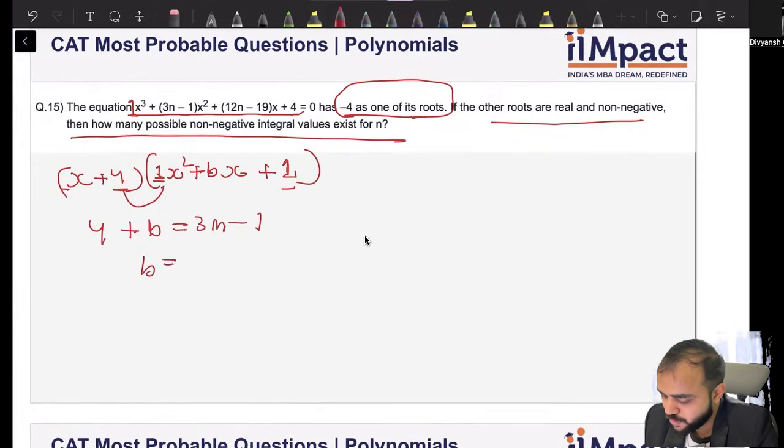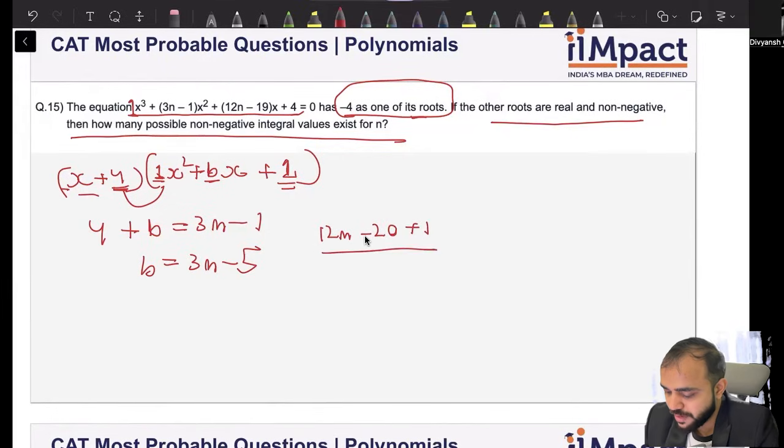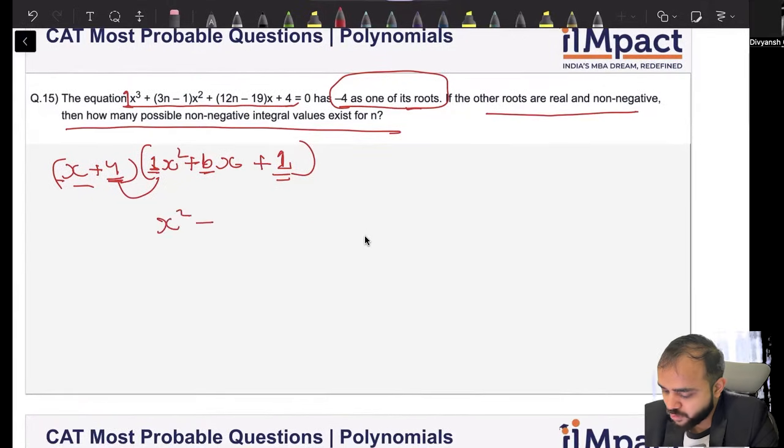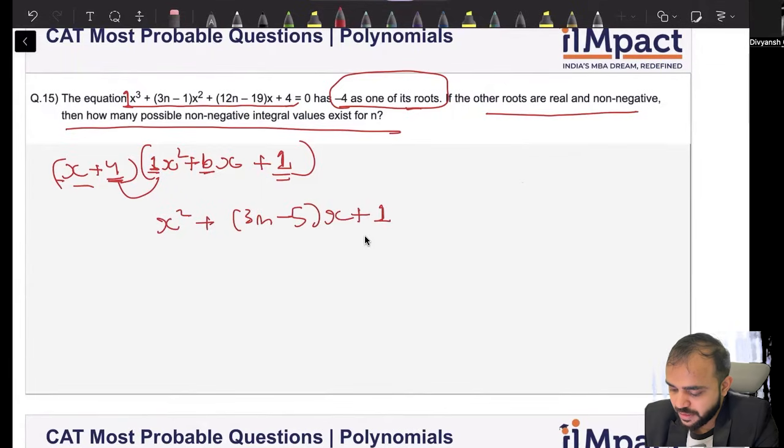So b will turn out to be 3n minus 5. Let me just check if it satisfies for x as well. So the x coefficient will be 4b plus 1, x into 1. So 4b will be 12n minus 20 plus 1. So 12n minus 19. So yes, the value of b as 3n minus 5 will satisfy. So the quadratic that I will get is x square plus (3n minus 5) x plus 1 is equal to 0.